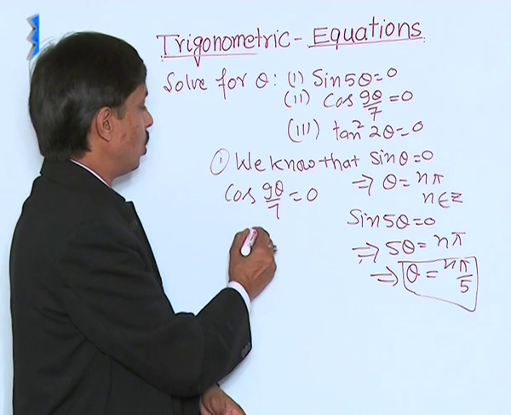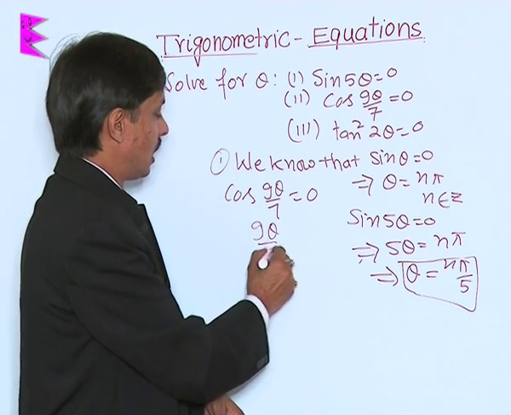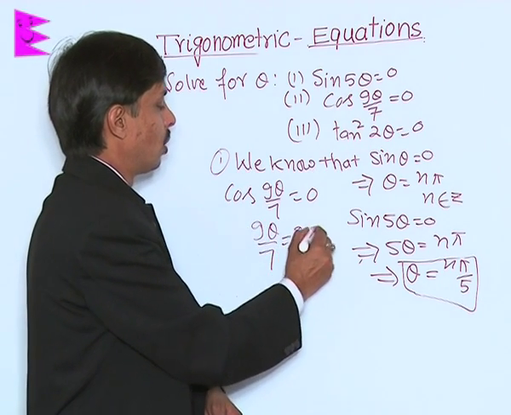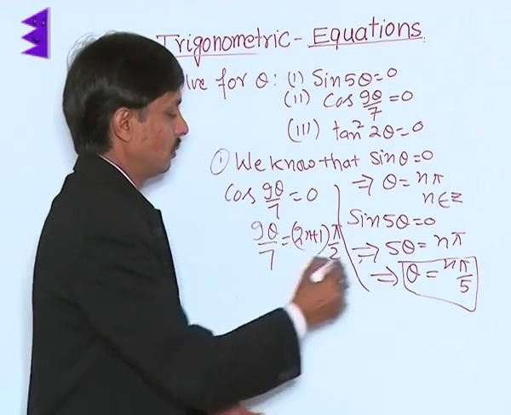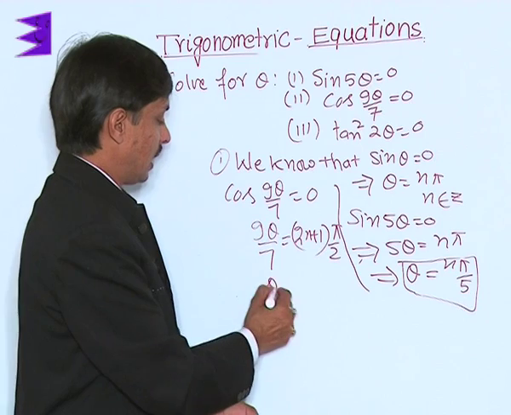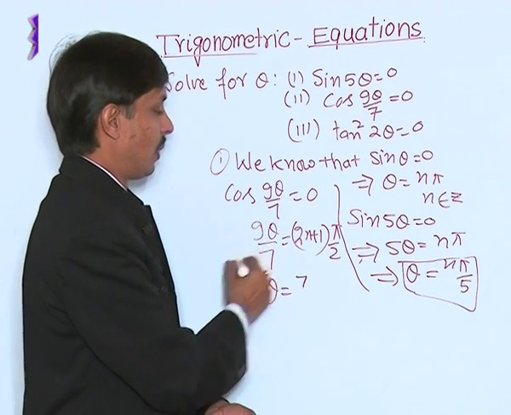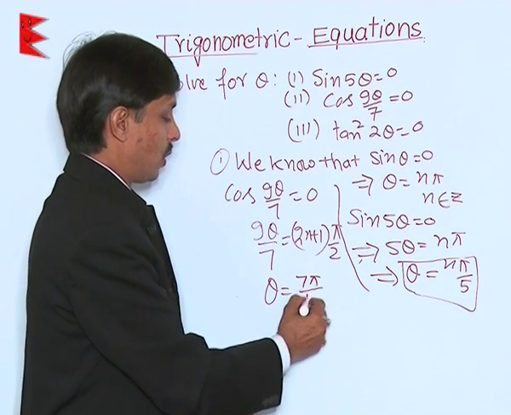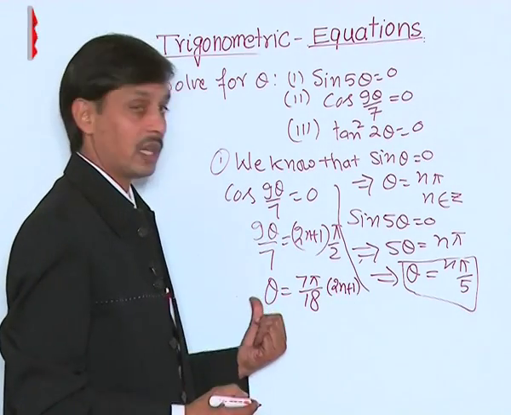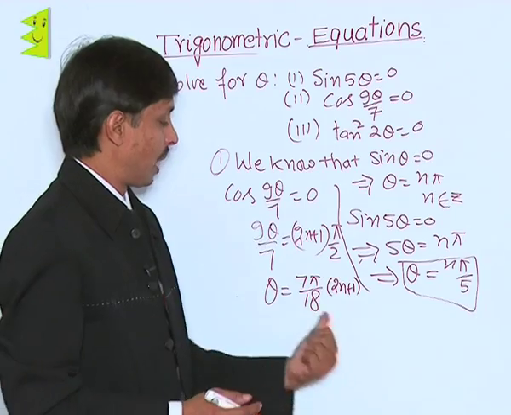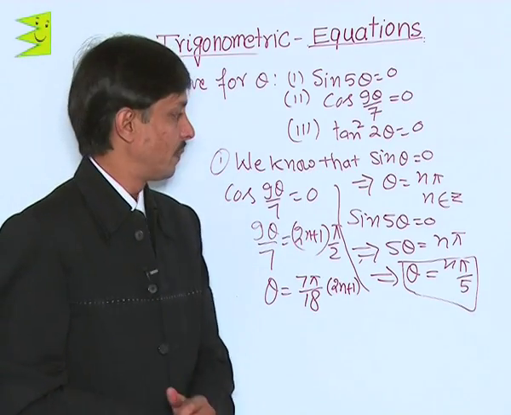So we can use here 9 theta by 7 is equal to (2n plus 1) into pi by 2. The question is, what is theta? Theta becomes 7 pi upon 18 into (2n plus 1). So theta is equal to 7 pi by 18 (2n plus 1).